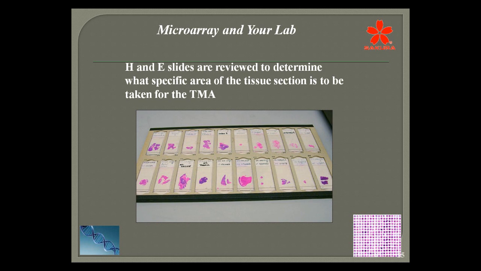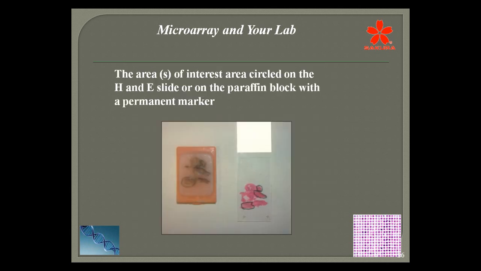If you're doing this study for tumors or controls or things like that, you're more interested in maybe a specific area or entity than the entire tissue section. So you would take the tray of slides, and usually this is done by a pathologist, a resident, and in many cases a histotech, depending on what you're using to accomplish and what your goal is here. And you'll look at the slide under the microscope and pick the area of interest.